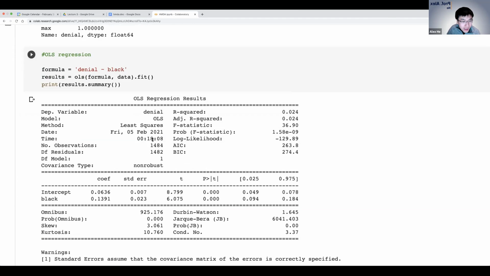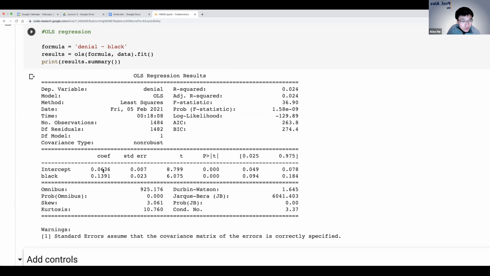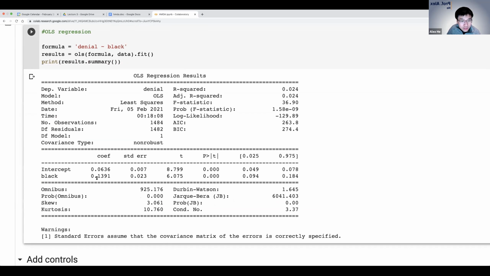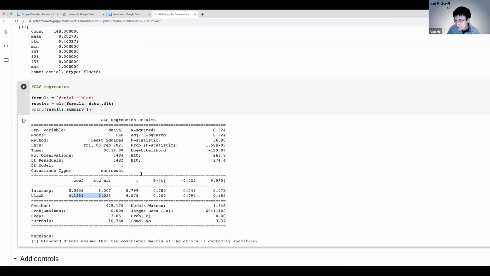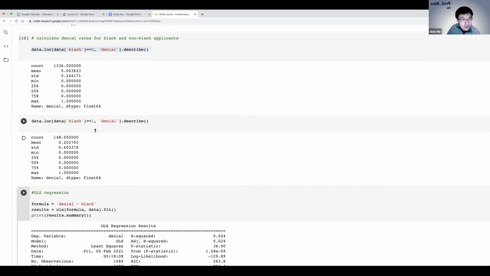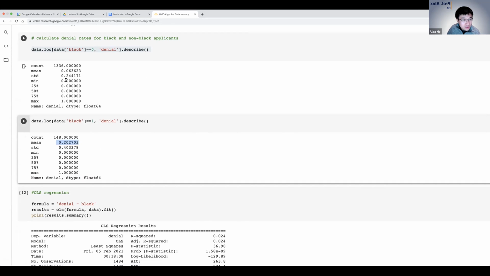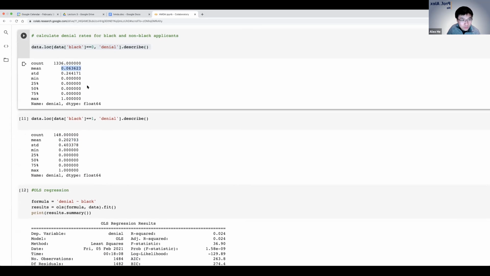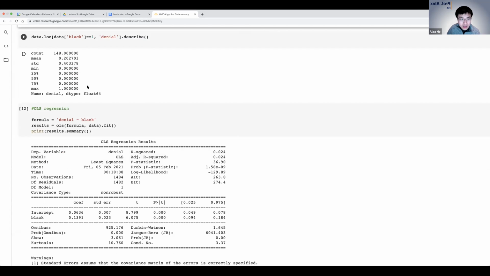If you do that, we will get a coefficient of 14%, right? Which is just equal to the difference in the denial rates of these two populations. So this 20% minus the 6% is about 14%. And that's because when you're doing an OLS regression, you're basically just comparing the averages of these two populations.